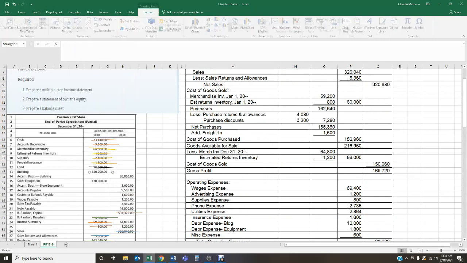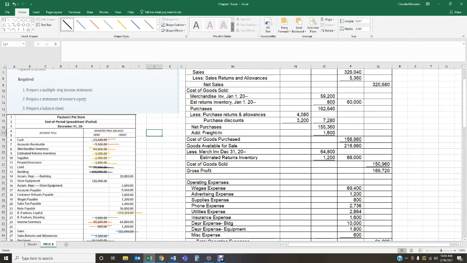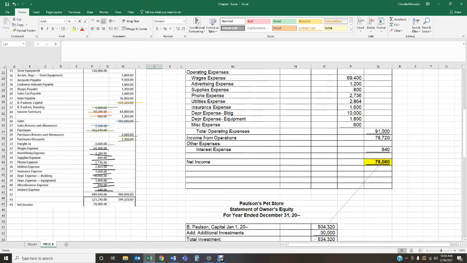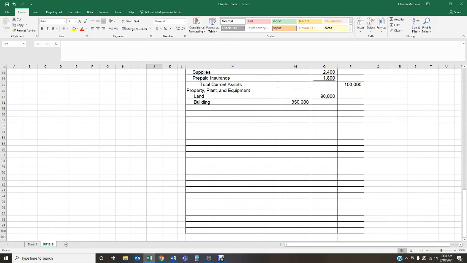Building, 350. Now I'm also going to deduct the accumulated depreciation on that building, $20,000.